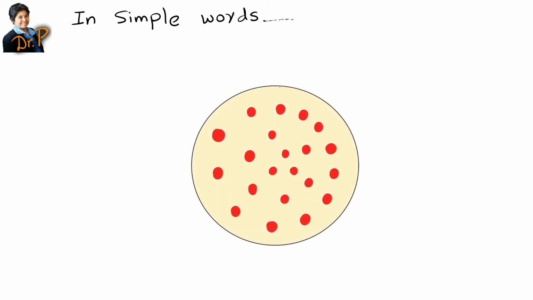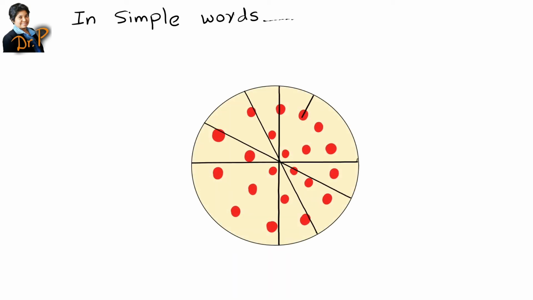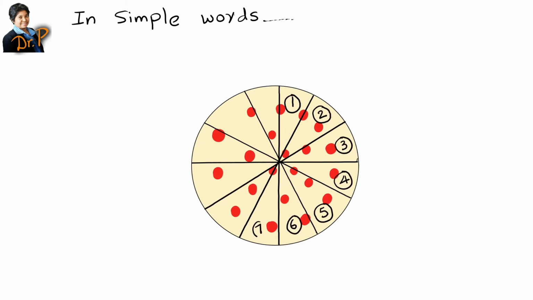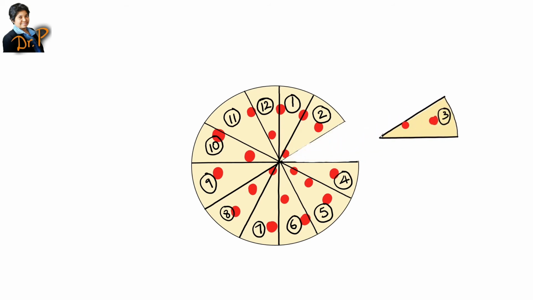Let's say you bought a large pizza and now you are dividing it into 12 equal pieces. Once you cut this into 12 equal pieces, you take one slice out.